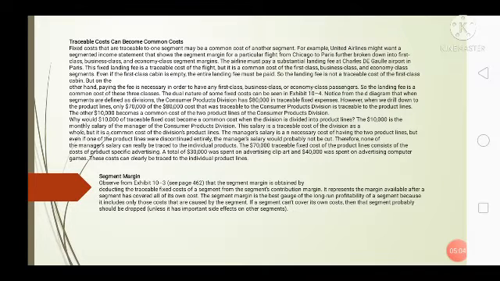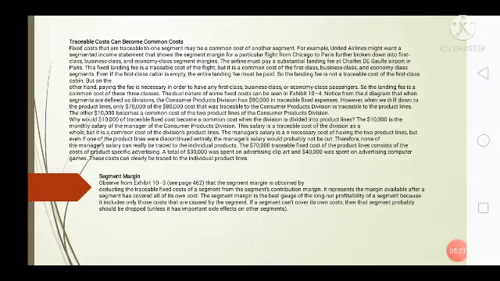Why would 10,000 US dollars of traceable fixed cost become a common cost when the division is divided into product lines? The 10,000 US dollars is the monthly salary of the manager of the consumer product division.